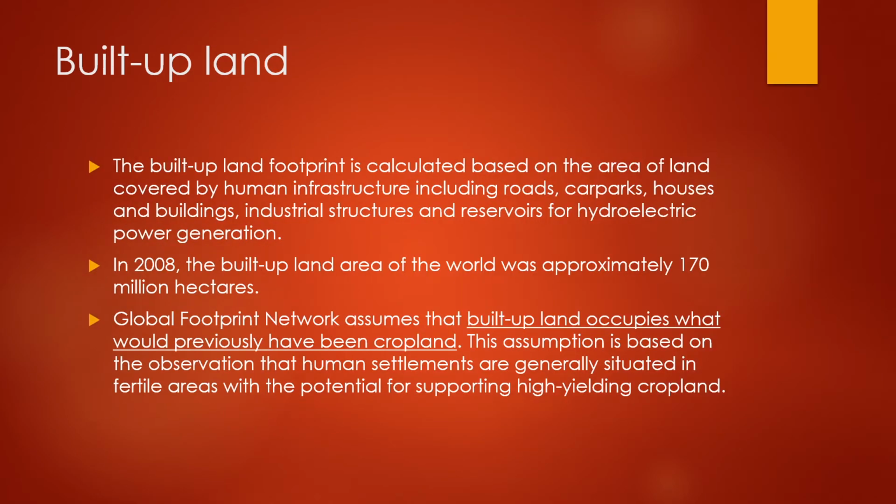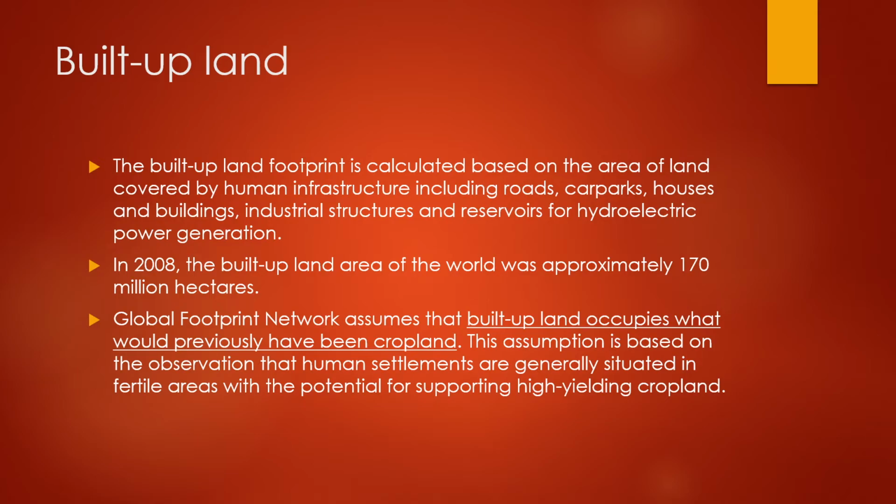Built-up land footprint is calculated based on the area of land covered by human infrastructure, which includes roads, car parks, houses and buildings, industrial structures, and reservoirs for hydroelectric power generation. In 2008, the built-up land area of the world was approximately 170 million hectares, which seems large, but that's the entire world.